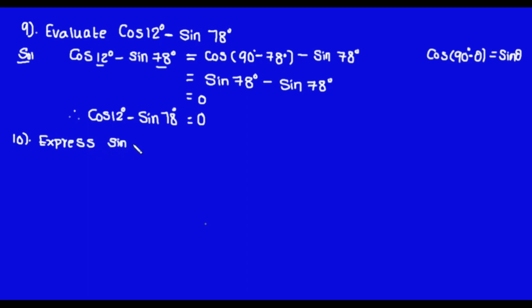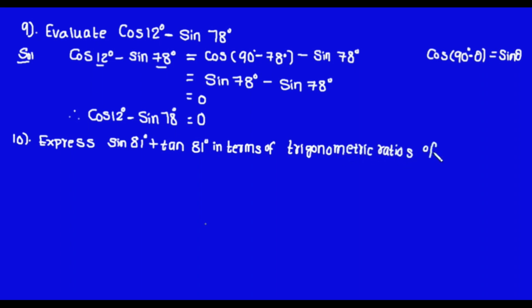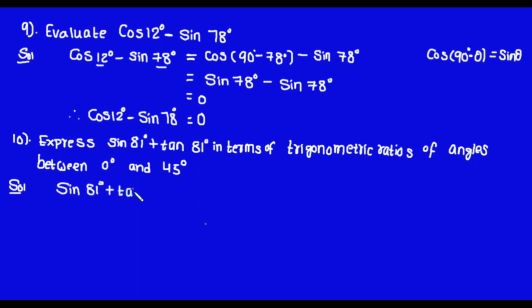Number 10. Express sin 81 degrees plus tan 81 degrees in terms of trigonometric ratios of angles between 0 degrees and 45 degrees. The given problem is sin 81 degrees plus tan 81 degrees.